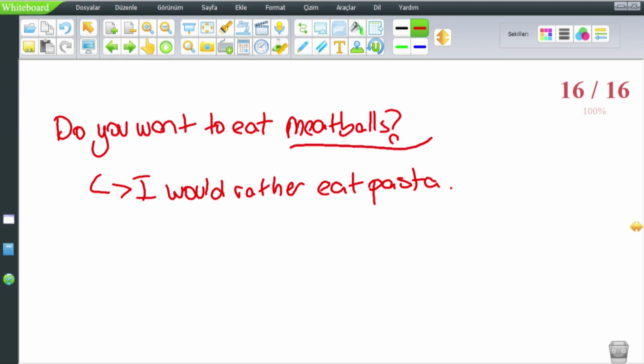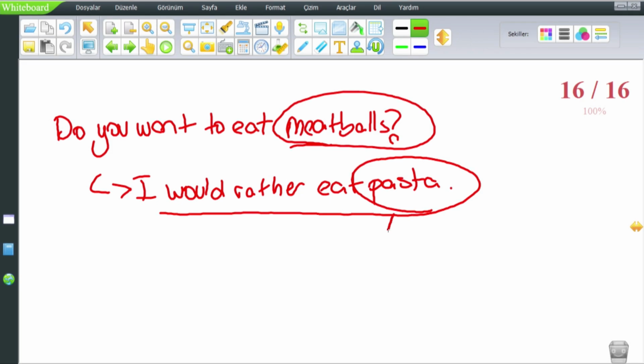Someone asks you if you want to make this choice, if you want to eat meatballs, and you say, no, I would rather eat pasta. It is just for now. For today, for this moment, I am choosing pasta.